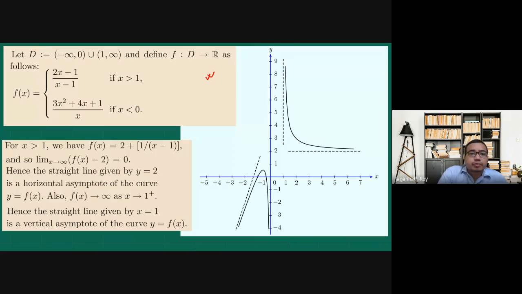Now for a different problem, we will get this type of function. Suppose f(x) is this one. The question is: find the asymptotes of the given function.